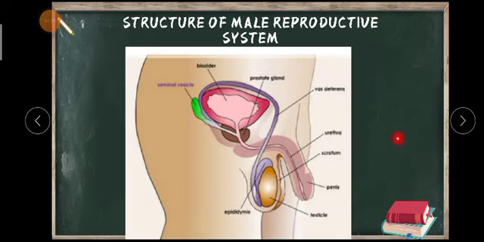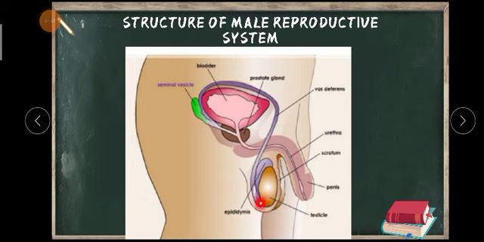This is the structure of the male reproductive system as shown in this diagram. The most important part present is the testes. This yellow colored portion is called the testes.